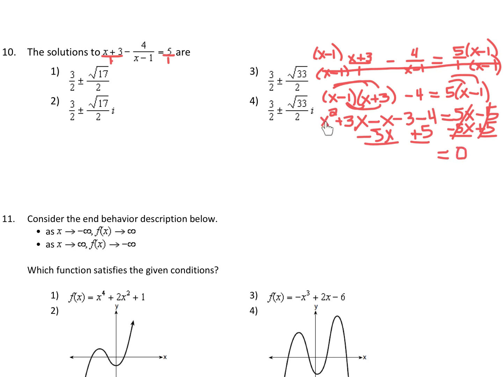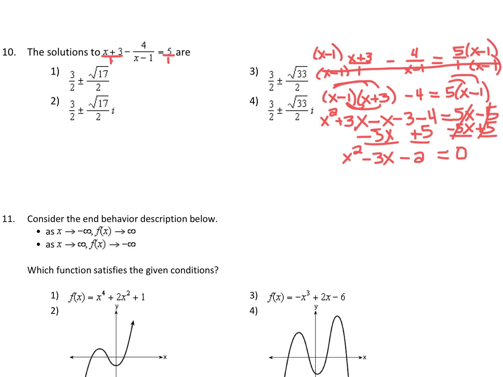And this x squared does not combine with anything, so I'm just going to bring it down. And if I combine 3x minus x and minus 5x, wouldn't that be negative 3x? And then if I combine negative 3, negative 4, and positive 5, that's going to be negative 2.